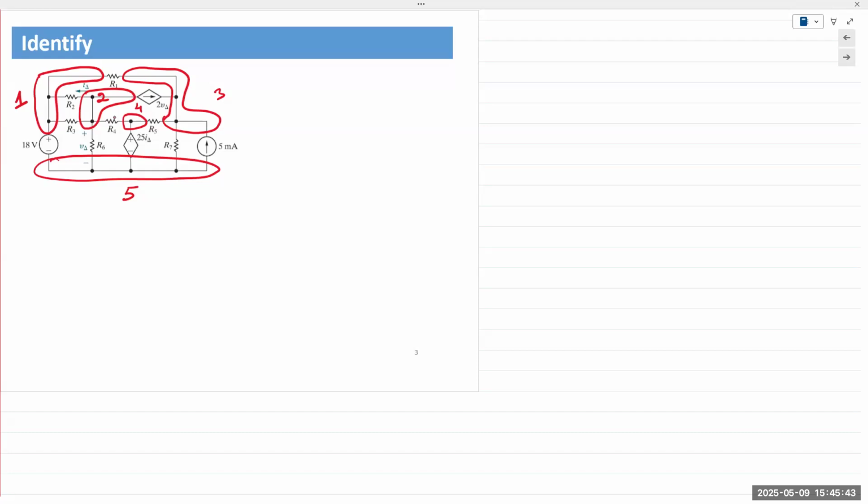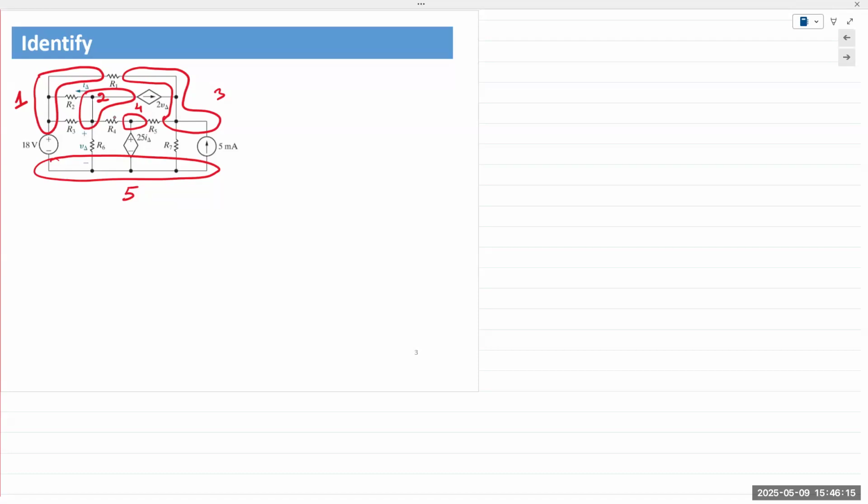Anyway, the first line of the definition of a node is 2 or more connections. And if there are only wires between those connections, then it's the exact same electrical node. The reason I'm harping on this and going slowly is that in node voltage analysis, the first thing we need to do is identify the nodes, and it's very tricky. Every student takes their own time.